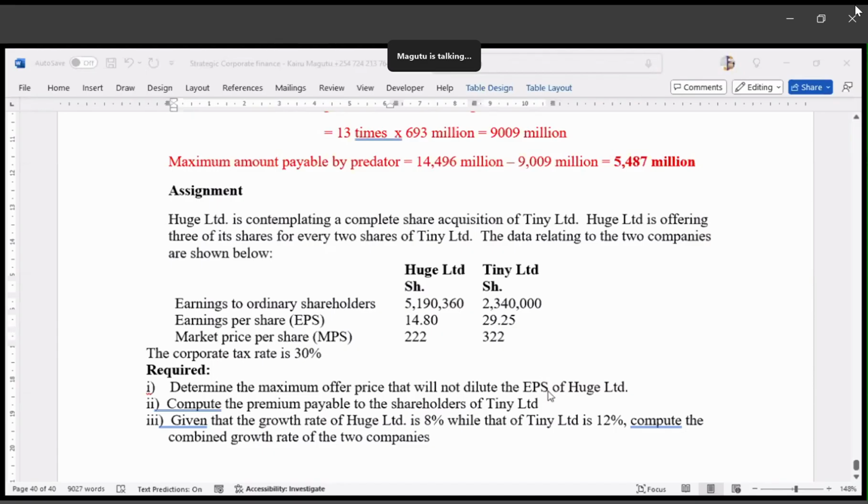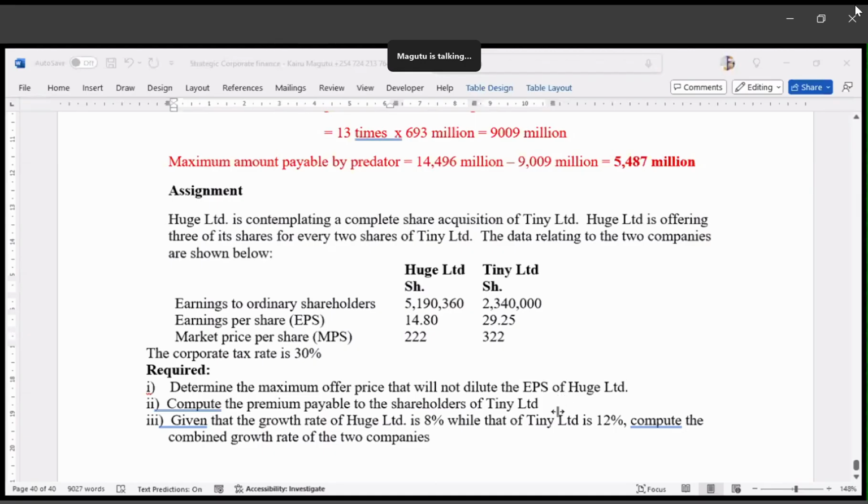So in case you are given any information that will lead you to the market price per share after the acquisition and the combined earnings, then you can determine the post-acquisition price earnings ratio. So it is possible depending on the information that we have.